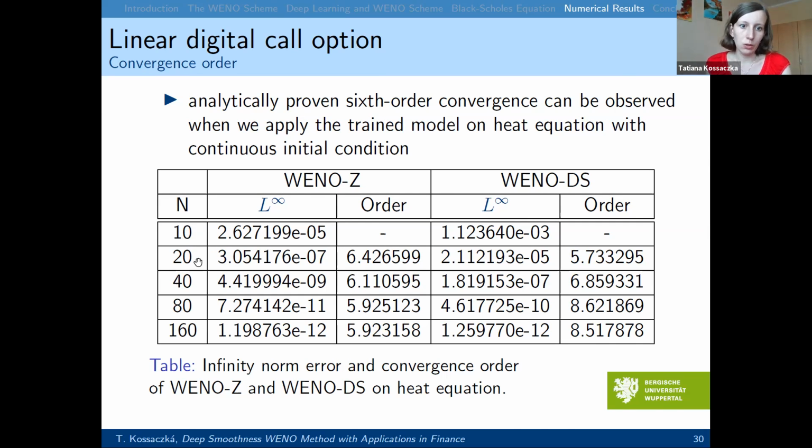So here we also did not retrain the neural network, but we would recommend for more complicated equations to retrain the neural network for different partial differential equations, just to be sure that really our method is the best performing for this particular PDE. Yes, so this was the example of computational finance.